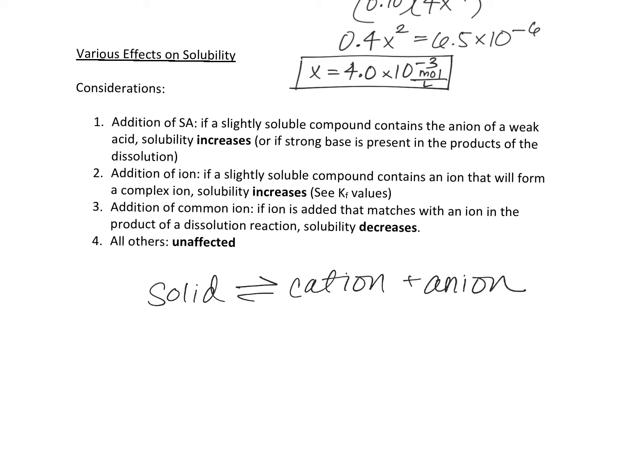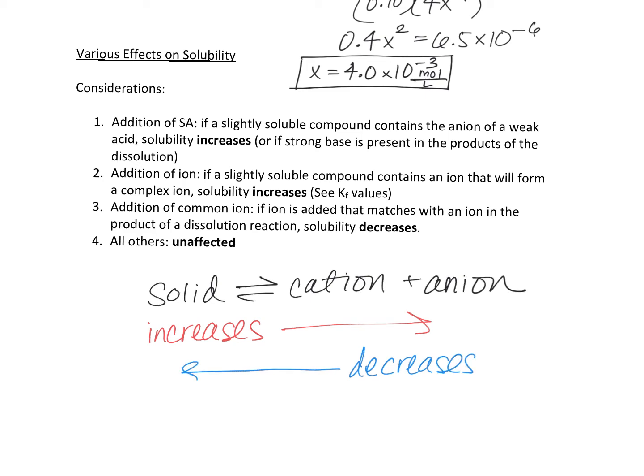So when solubility increases, that means the equilibrium is being pushed to the right. When solubility decreases, that means I am creating more solid. I'm pushing that equilibrium to the left. No change, then there's no push right or left for the equilibrium.